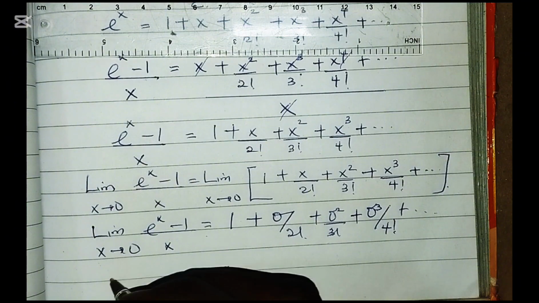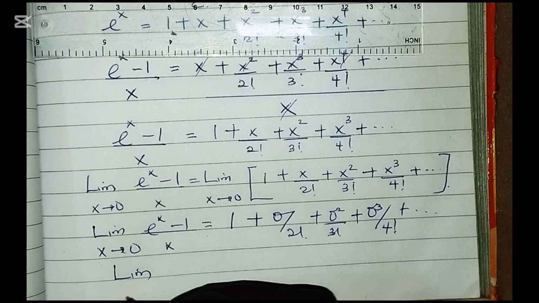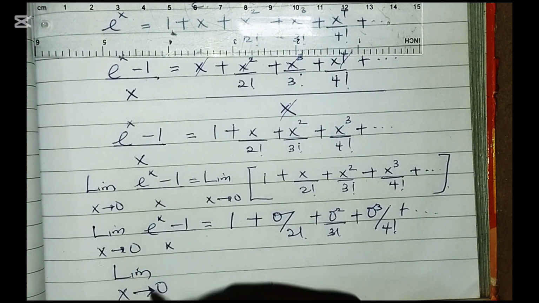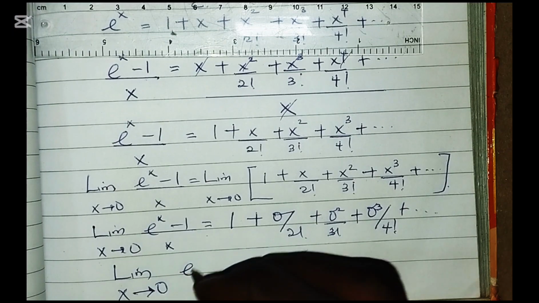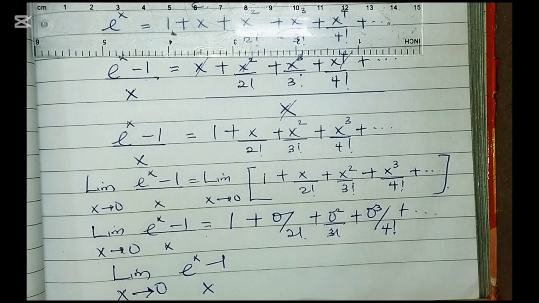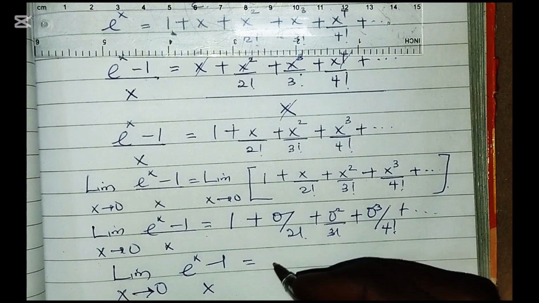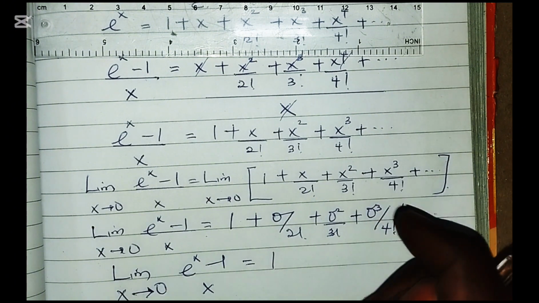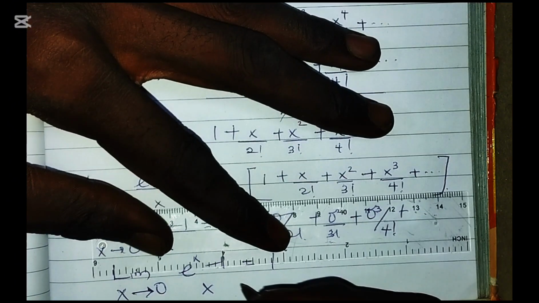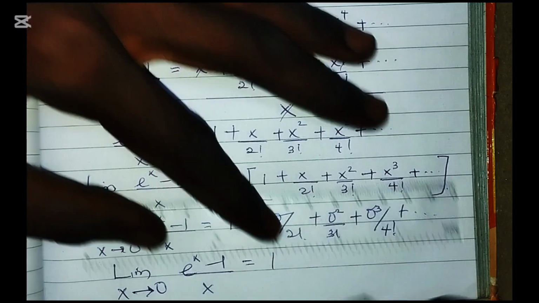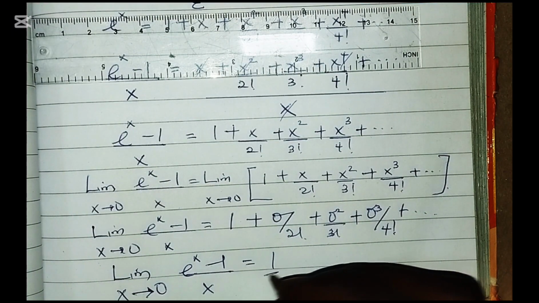The rest goes to 0, and the answer is 1. So the answer to this limit by using the Taylor series expansion is 1.